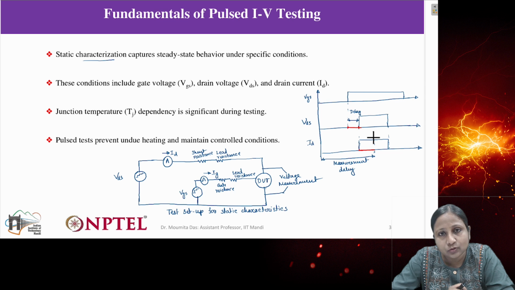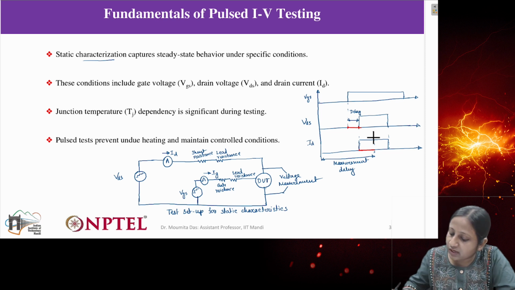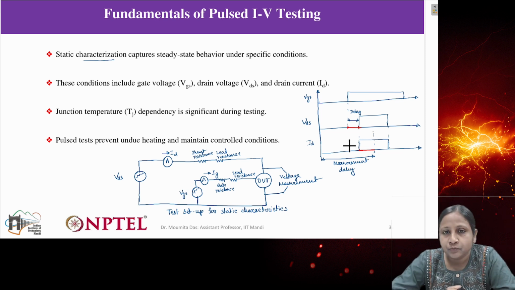Once it reaches the steady state value, only then can we characterize or measure the voltage VDS and drain current, so that we get the actual steady state value, not the transient value. By default, if we choose the initial point, we may end up getting transient values, which may not be the actual value we desire. So that is why we have to wait for some time in order to measure the drain current.